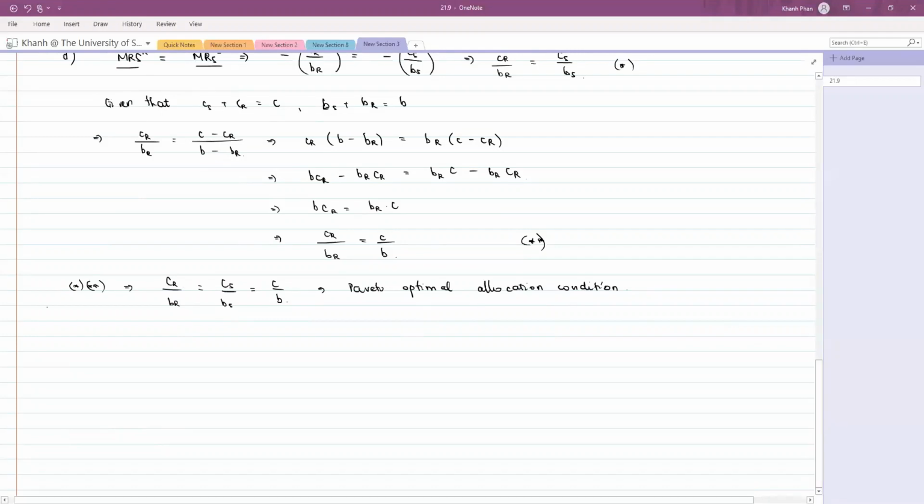All right, so the question is asking you to show that whenever the consumer is consuming the same proportion of B and C, then the consumption bundle is going to be Pareto optimal.